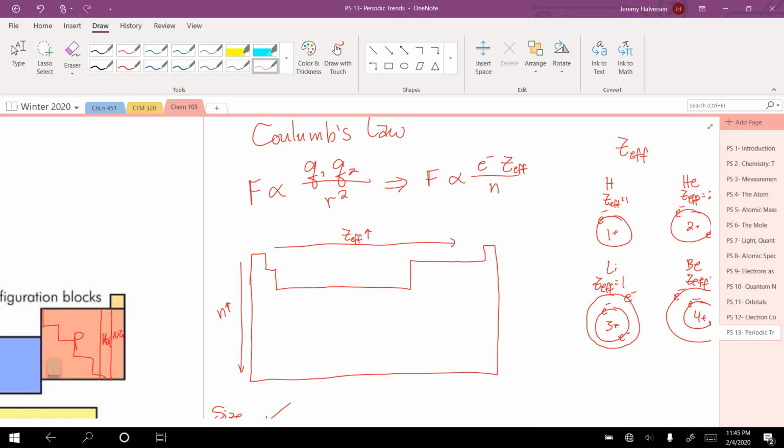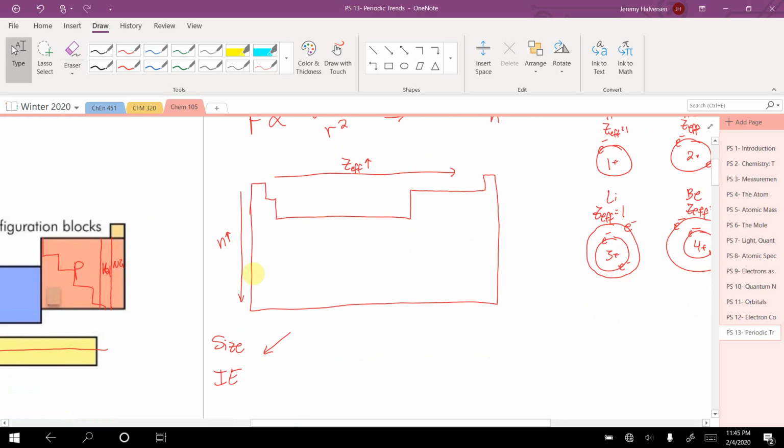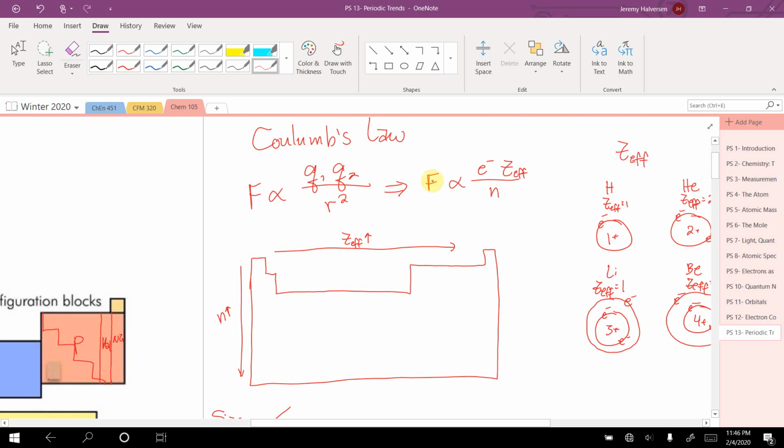When that happens, it becomes easier to remove an electron because the force of attraction is decreased. So ionization energy decreases going down, so that means it increases going up. It's harder to pull electrons off of atoms up here because they're so much closer that the force of attraction is higher.